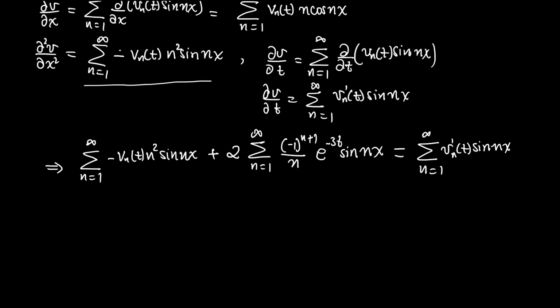So to solve for v_n(t), I'm going to put everything with v_n to one side.